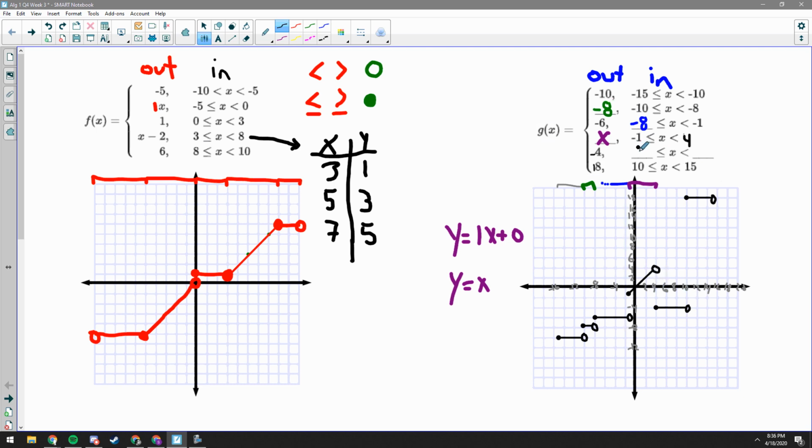If I'm between 4 and 10, my output has to be negative 4. And my last piece is already given to me. If my input is between 10 and 15, my output has to be at 16, or 18, between these 2 points.